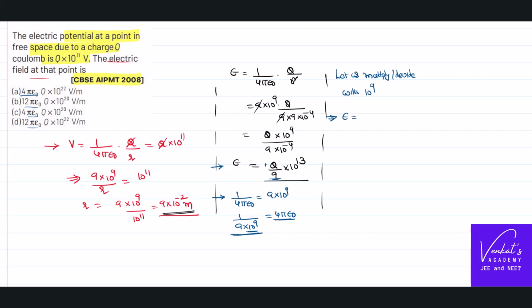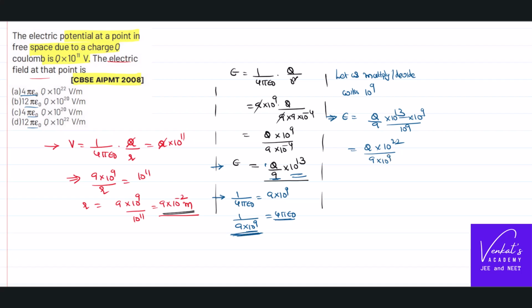It implies E equals q by 9 into 10 power 13 into 10 power 9 by 10 power 9. So, how much does it become? q into 10 power 13 plus 9 is 22. What is remaining is 9 into 10 power 9 in the denominator.